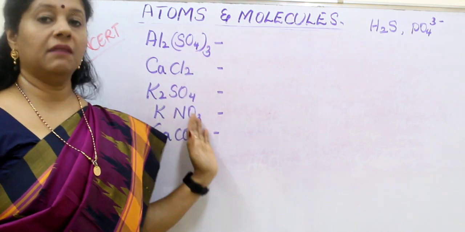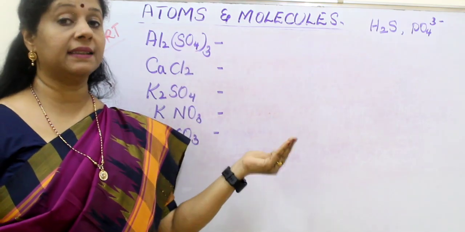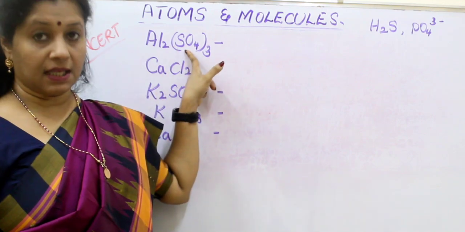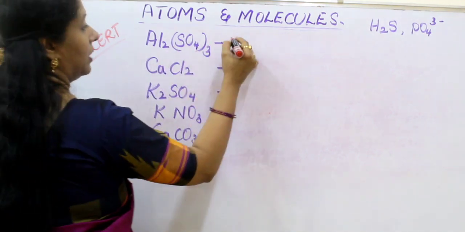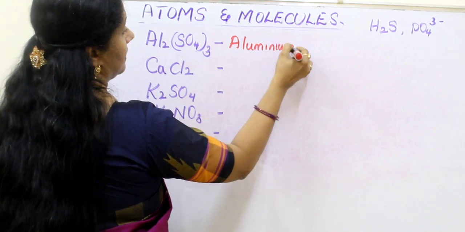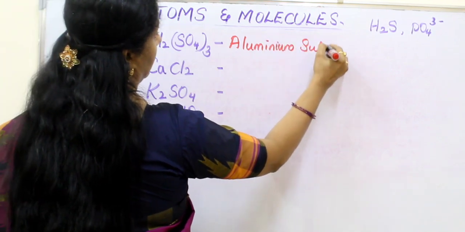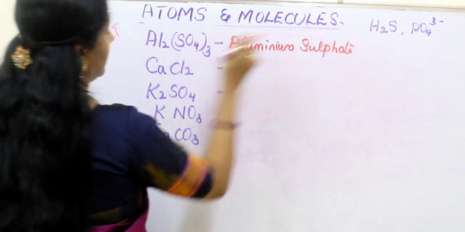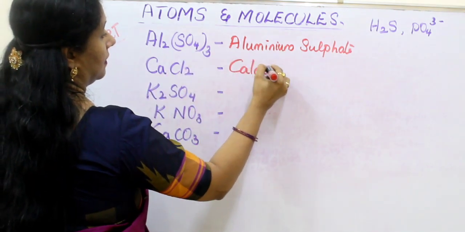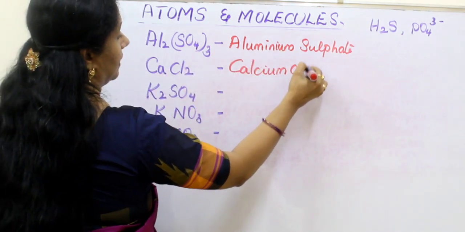Now the chemical formulae are given, and we have to write the name. Here we know this is aluminium and this is the sulfate group, right? So what will you write? Aluminium sulfate. What is this? Calcium chloride.